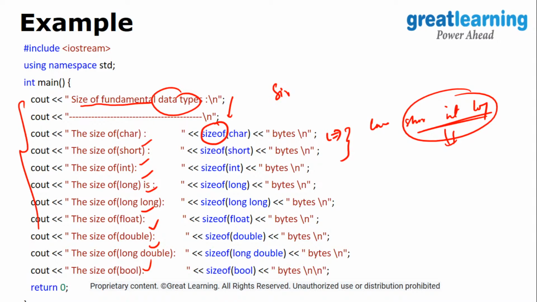Arup says 32-bit, int 4. Yes, it has a dependency on the system that you're using. Int 4, float 4. Good. So long will be again 4, right? Float is 4 bytes, double is 8, long double is 16, and then bool is 1.